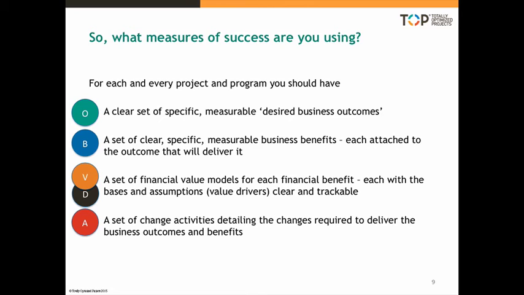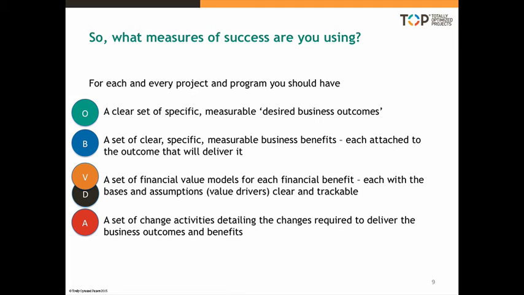For each and every project and program, you should have a clear set of specific, measurable, desired business outcomes, measurable with a true, false question, and abiding by all the rules that we set out for defining outcomes.